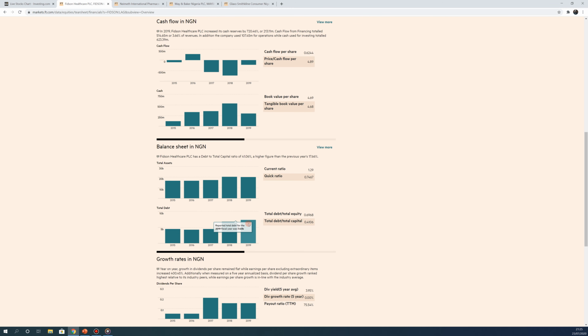And in terms of the assets and the liability, the debt is growing, but they have assets. That was about 7.4 billion of total debts, and they have assets up to 20. So that's not a big problem. 20 billion in assets, and they have cash as well, more than 300 million.